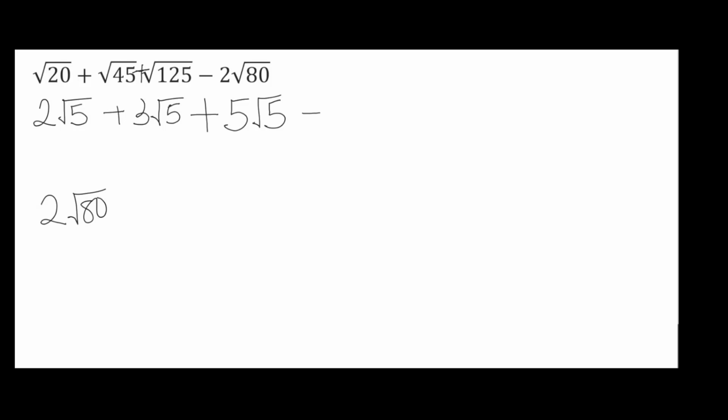Sorry about that. So I have 80 to be written as 16 times 5, which is going to be written as 2 multiplied by square root of 16, then multiplied by square root of 5.